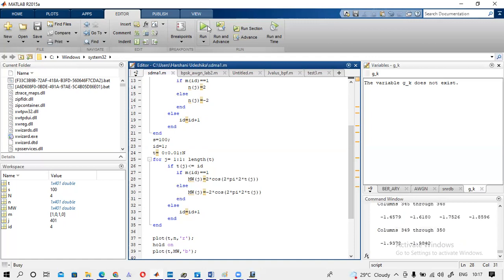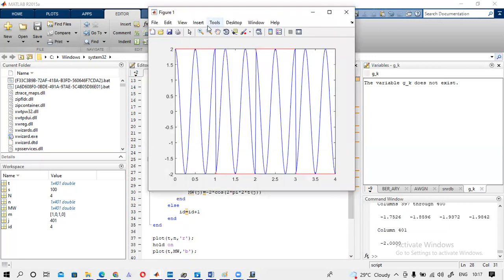So you can see that for 1 you have 0 phase, and for 0 you have pi phase. The signal is starting from here with the pi phase shift. This is 1 and this is 0.